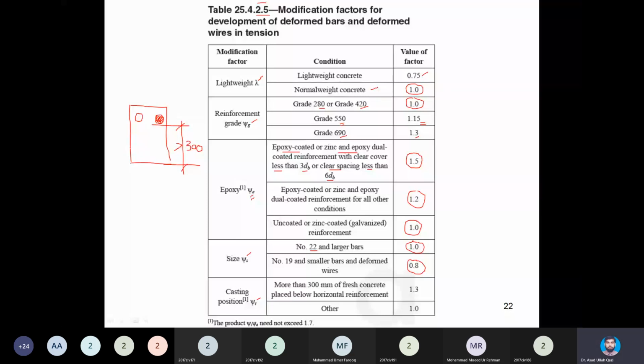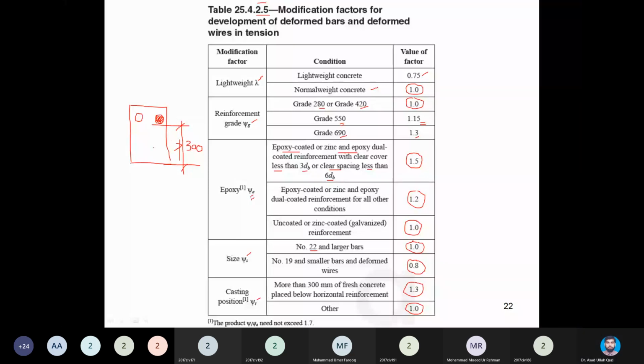There are some cross sections which are deep. If this is the situation, you have to increase the LD of top bars by 30%. However, if the fresh concrete below them is not greater than 300, then you can use this location factor psi t equal to 1.